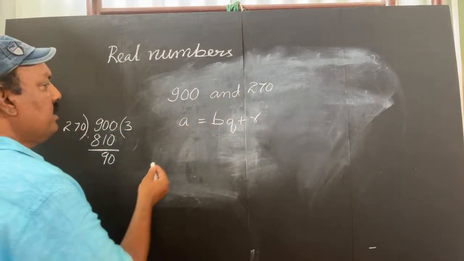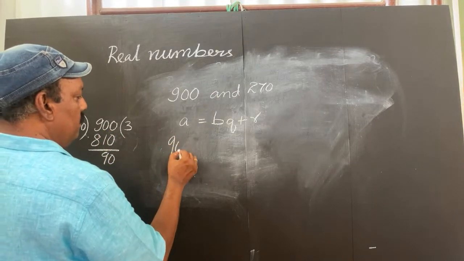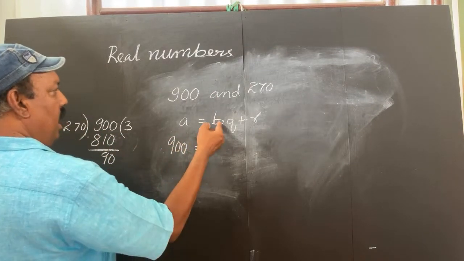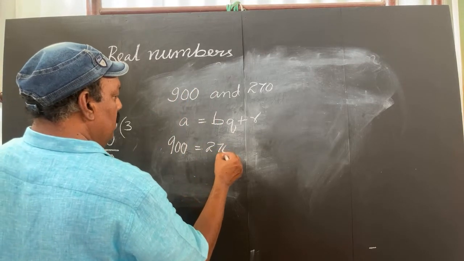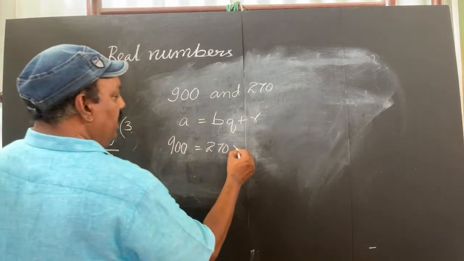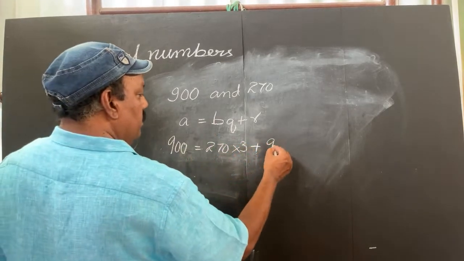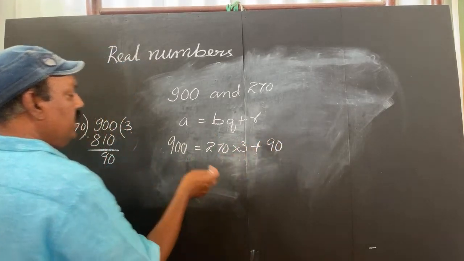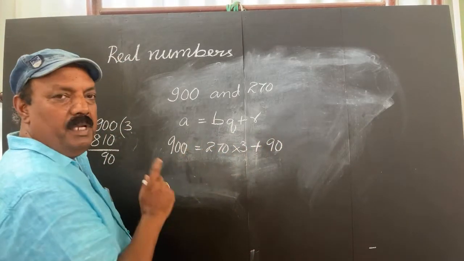Here a is nothing but the dividend 900, the divisor is 270, the quotient is 3 and the remainder is 90. And you can see here both the left hand side and right hand side, LHS and RHS, should be equal.